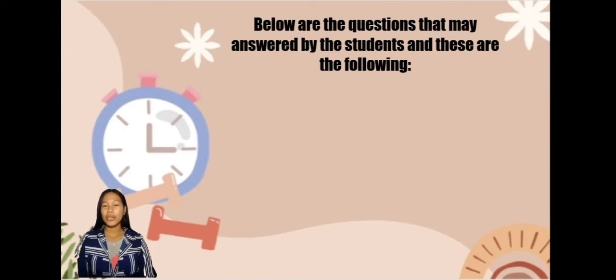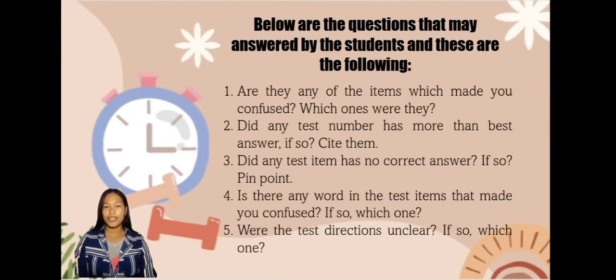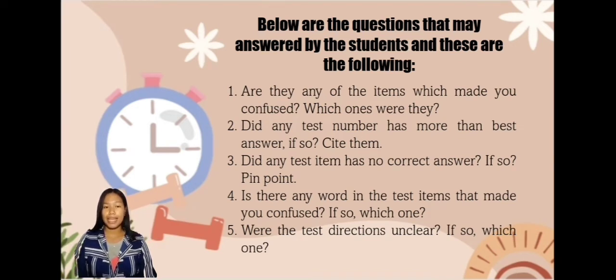These are the following questions that were answered by the students. First, are there any of the items which made you confused? Which ones were they? Number 2, did any test number have more than one best answer? If so, cite them. Number 3, did any item have no correct answer?